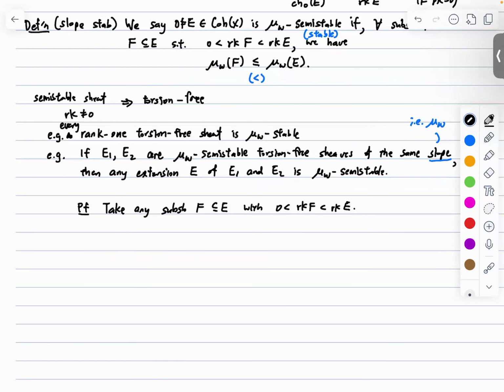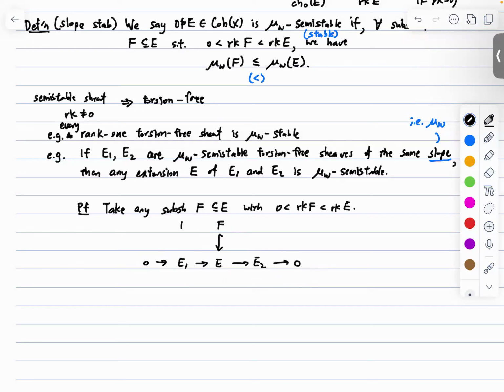And we want to say something about F based on what we know about E. What we know about E is that it's an extension of E1 and E2. So E fits into such a short exact sequence of sheaves, and F is a subsheaf. If we think of this as a diagram in the category of coherent sheaves, we have an inclusion, and then this short exact sequence would induce a short exact sequence with F in the middle.